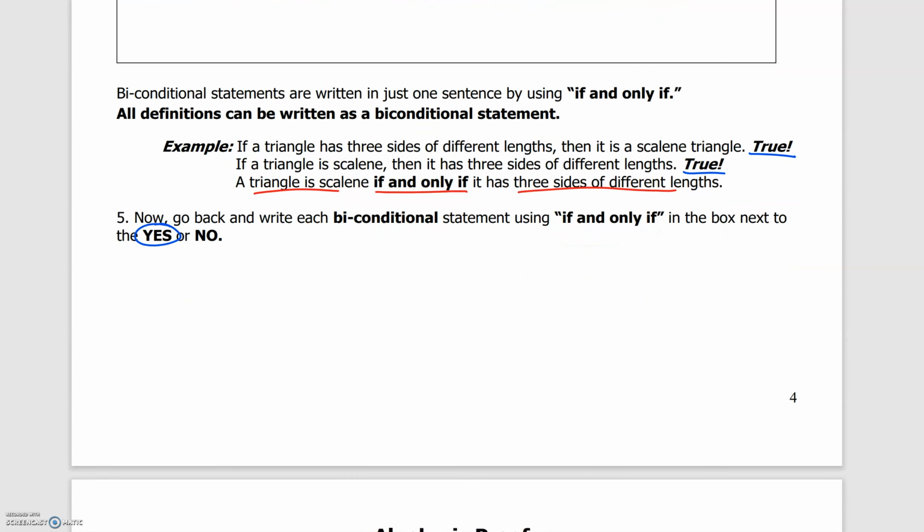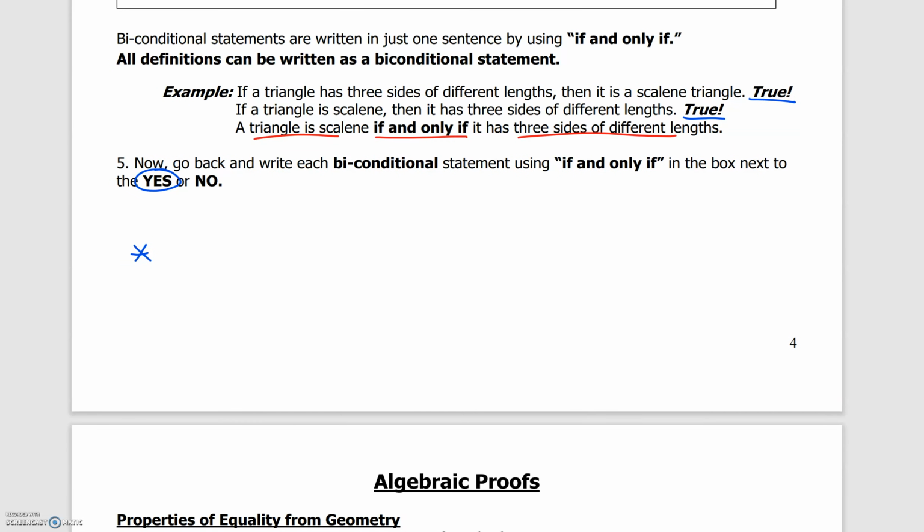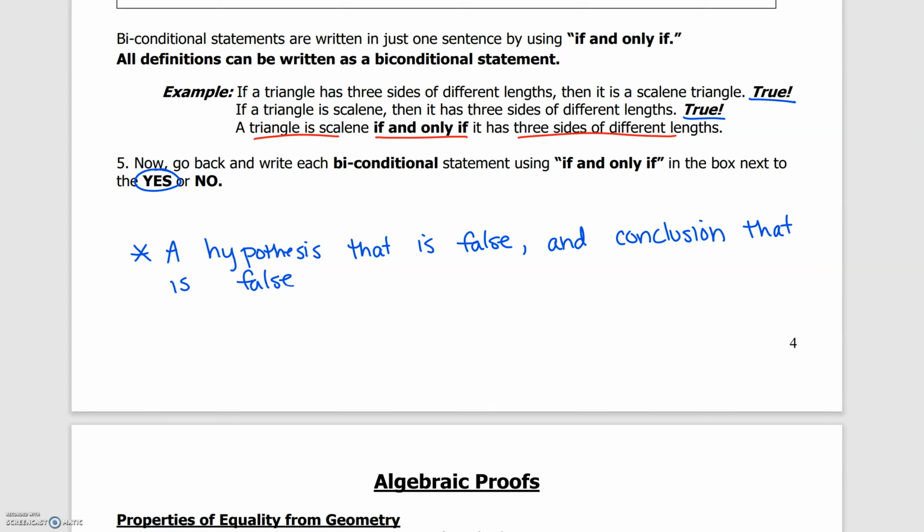One last thing I wanted to talk about is we were getting pretty good at writing whether or not something was true or false, whether we had a counterexample. The only one that's kind of weird is if we have a hypothesis that is false, comma, and a conclusion that is false.